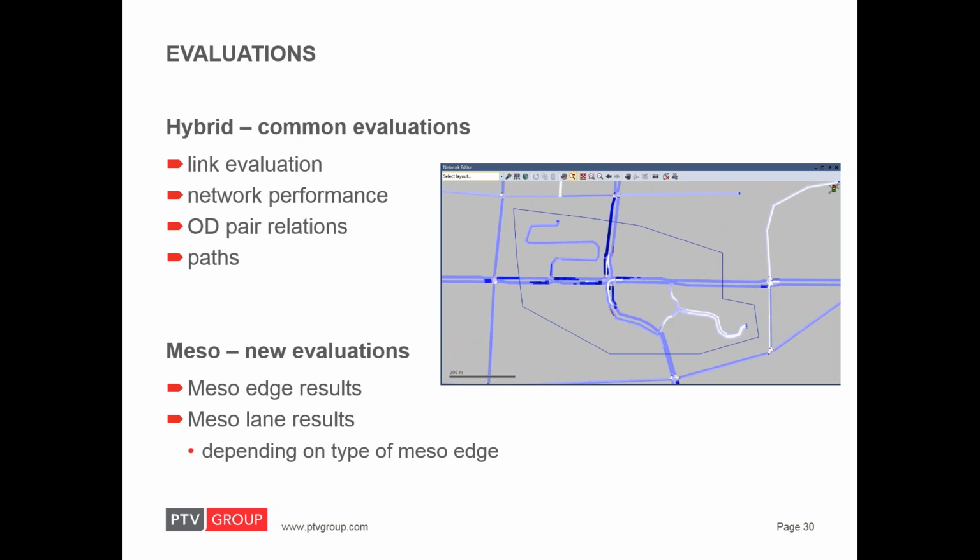There are also some evaluations which are particular for mesoscopic simulations. These are related to the mesoscopic network graph and are, for example, for the edges. And some of these results depend on the type of the edge. For example, for turns, you have the option to look also at link results of the incoming link for the vehicles that make that turn.